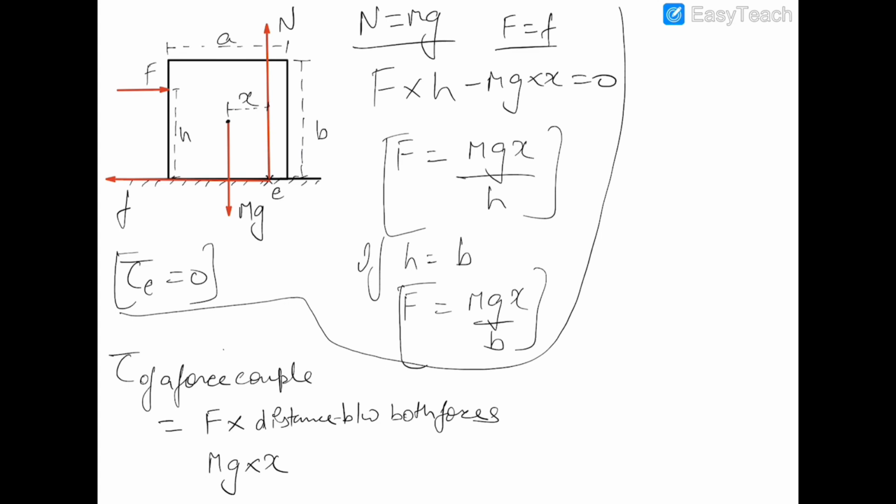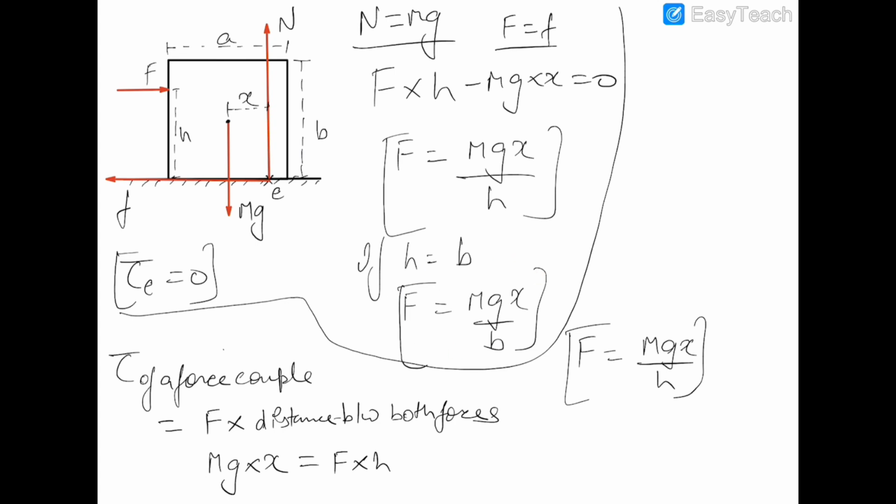And the torque of F and friction is F into h, because F is also equal to friction f. So it is in the clockwise sense, so it is equal to F into h. Now I have equated both these torques because net torque is 0. So the clockwise torque couple and the anti-clockwise torque couple would be equal to each other. So this F is equal to mgx by h. So this is the value of F which we have already calculated.